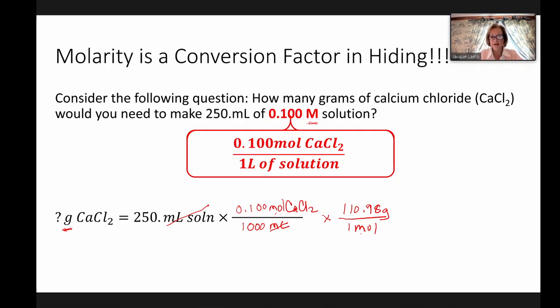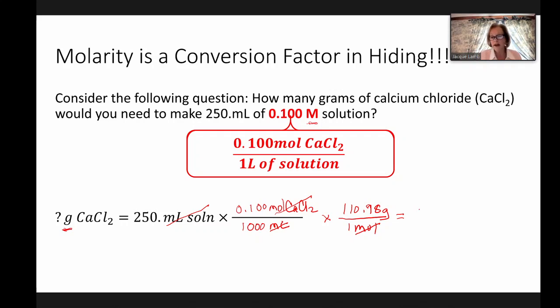Moles of calcium chloride cancels. So we would have to take 250 times 0.1 divided by 1,000 times 110.98 grams.